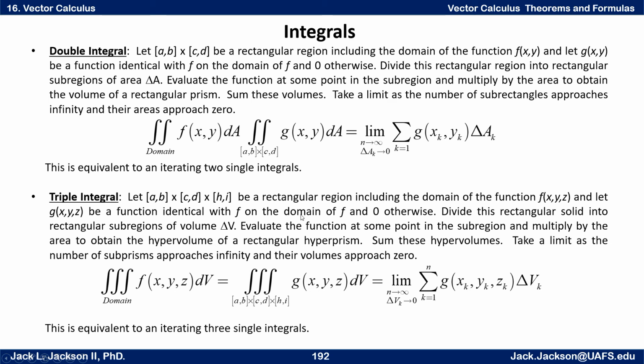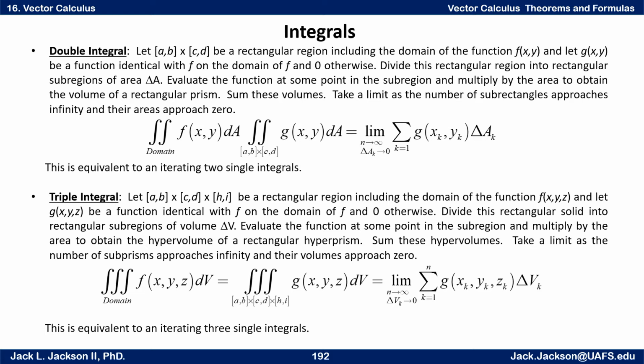In this semester we studied double integrals and triple integrals. In a double integral, we take a rectangular region, x going from a to b and y going from c to d, and make sure it's big enough to include the domain of some function f of x, y. Define a function g of x, y to be identical with f on the domain of f, but 0 otherwise.